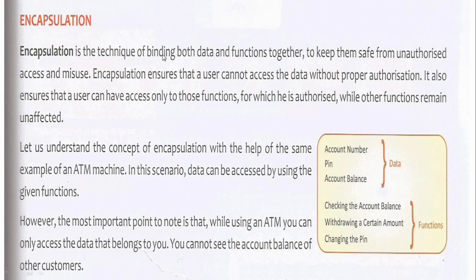Encapsulation is a technique of binding both data and functions together to keep them safe from unauthorized access and misuse. Encapsulation ensures that the user cannot access data without proper authorization, so any unauthorized user cannot get access to your data.